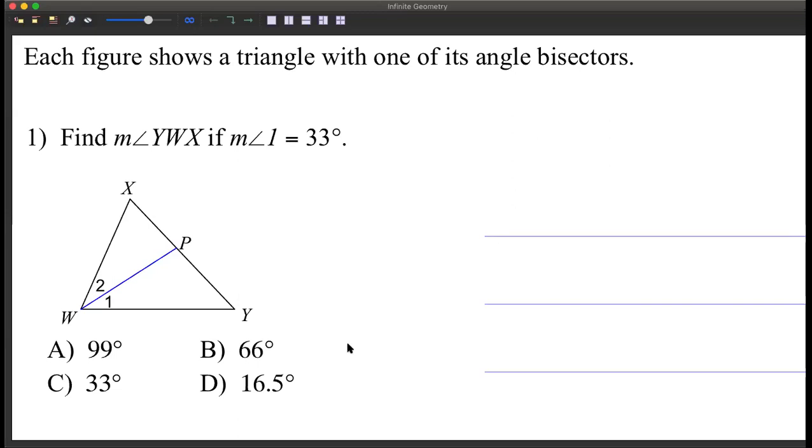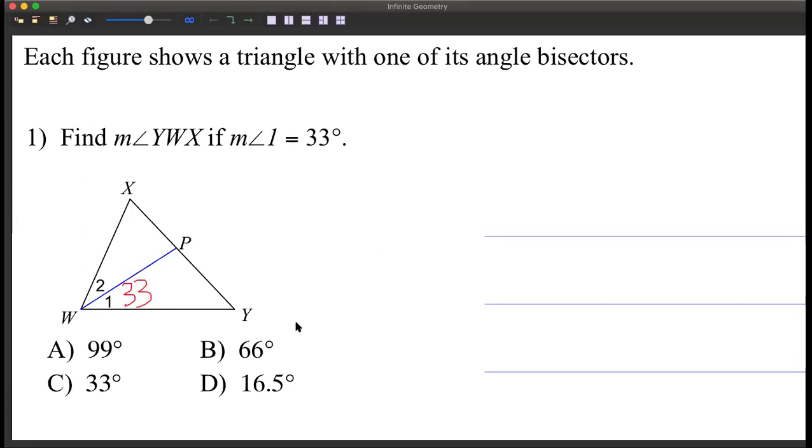And here we go. All right, so the first section is just going to be numbers. Be careful what they're asking you to find, because it's going to change with every question. In this particular one, they're giving you the value of angle 1 as 33, but they are not asking what angle 2 is.